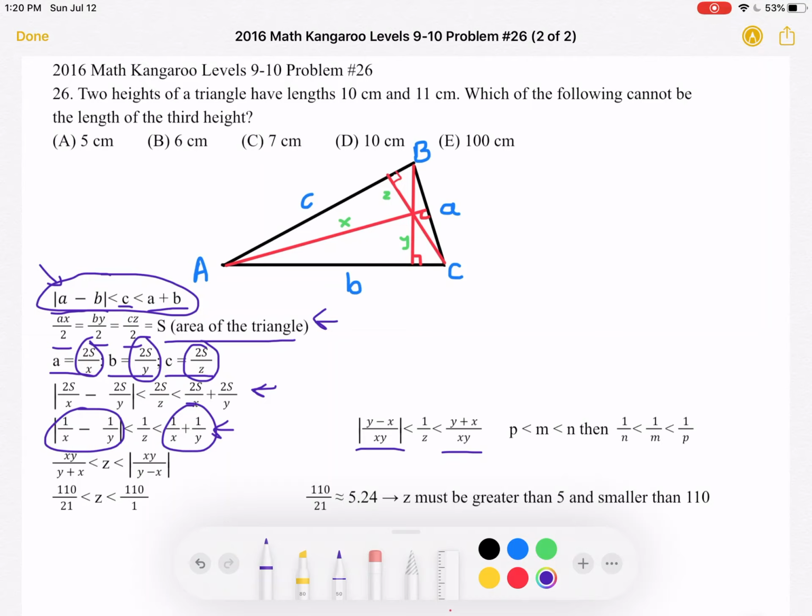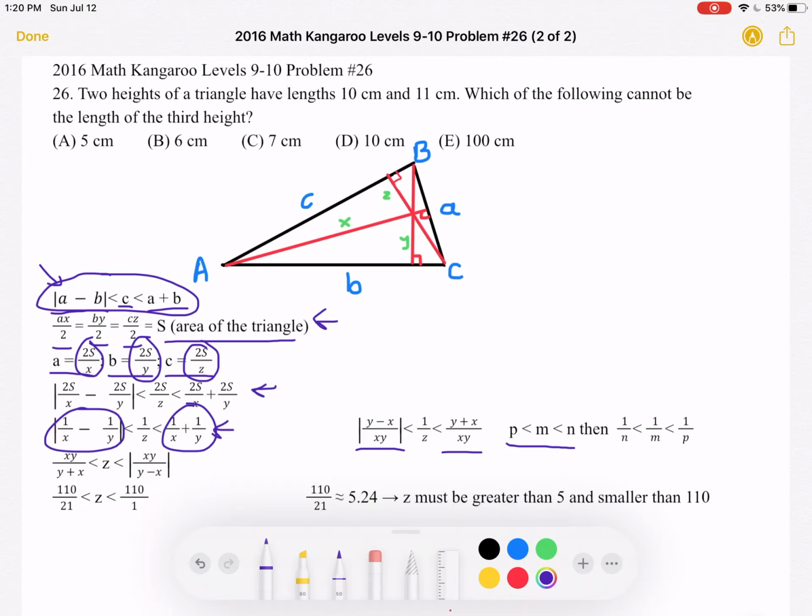This will make it a little easier for us to make sure we don't make any mistakes in the next few steps. So next we're going to use a rule that states that when you take the reciprocals of positive numbers, it reverses the direction of the inequalities. For example, let's say I have p is less than m, which is less than n. These are just 3 random variables.